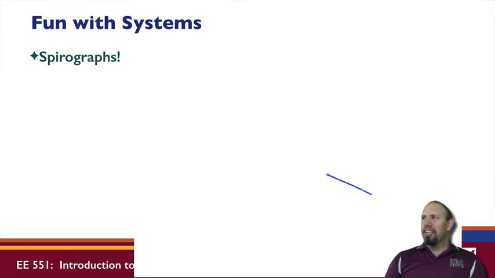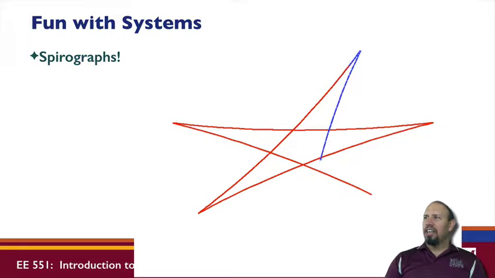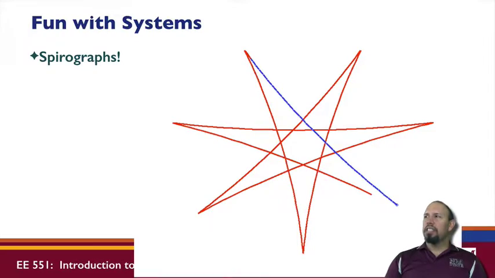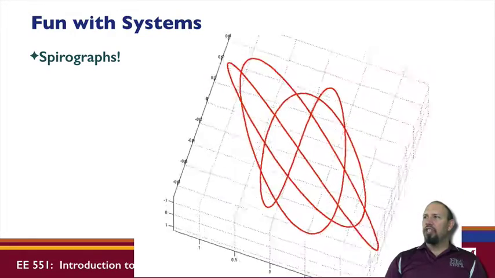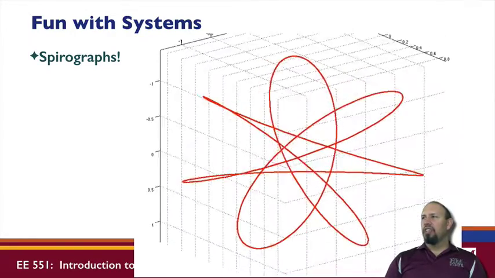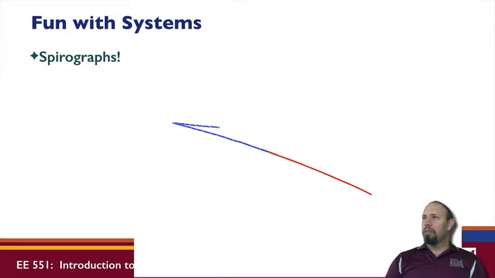Let's look at another one. In this case, we have what looks like a star-ish type response. And again, this uses the same system. The only difference is the N's and the initial condition. And notice when I move it around in 3D, it looks very different than when we look at it from this perspective.